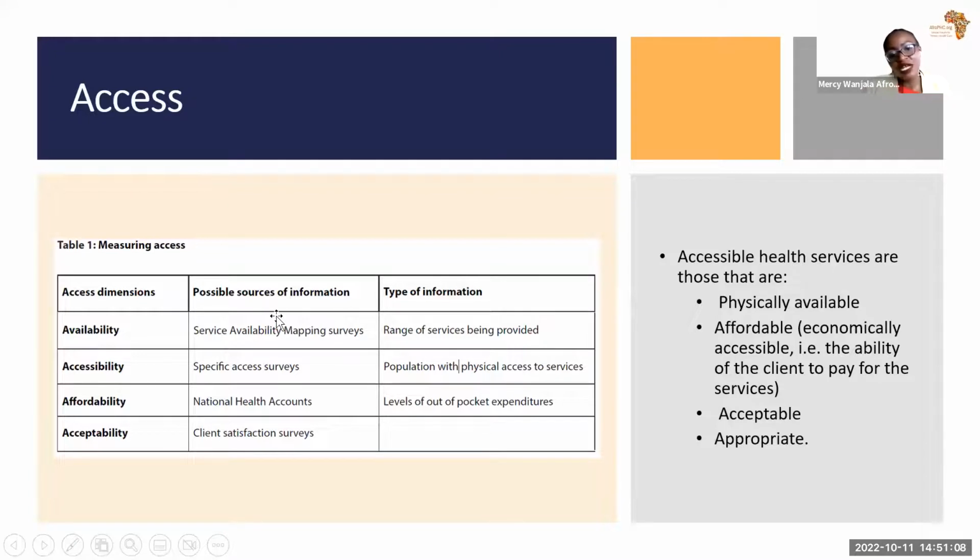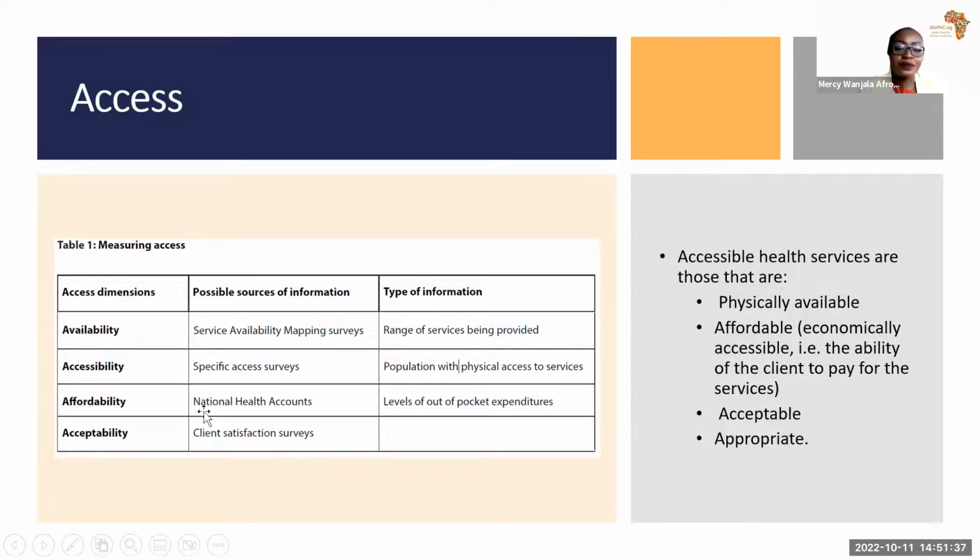Then in terms of access dimensions of availability, you can do service availability mapping, like I've mentioned, where you don't only map the facilities geographically, you also map what services they provide and also the range of services being provided. Then for accessibility, you can do specific access surveys where you talk to patients, and you can also use something like AccessMod, which can show you geographic accessibility.